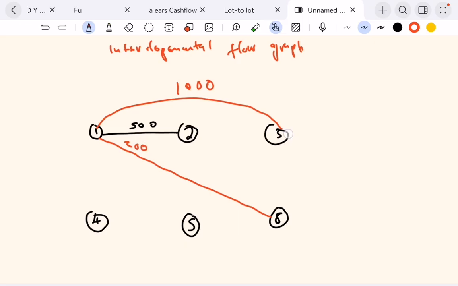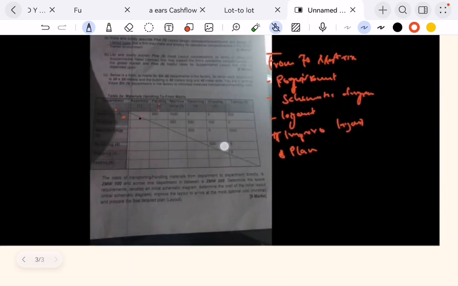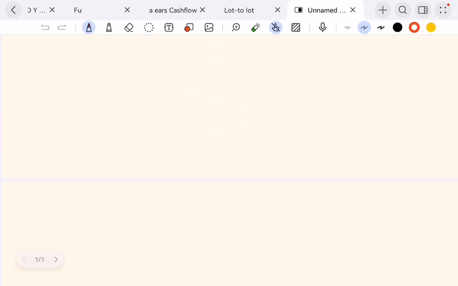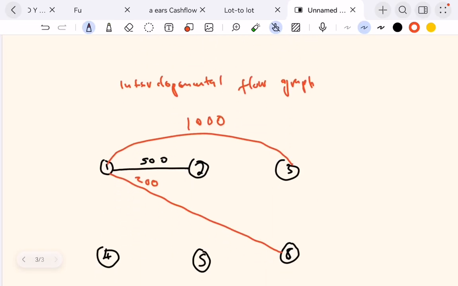Then now we go back to 2. There's 2 to what? 2 to 3 is how much? So we have 300 here. So we have 2 to 3, we have 300. The next one is 2 to what? 2 to 4.